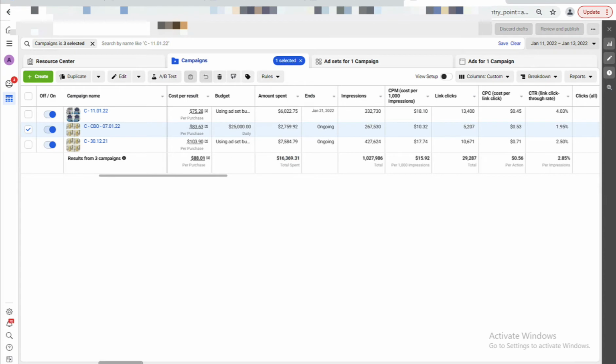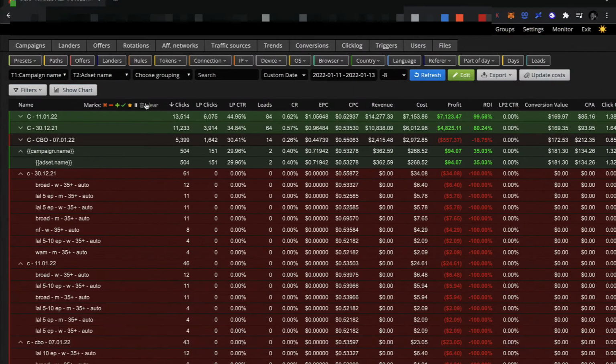What I'm going to do is jump to my tracker. This is the exact same campaign here. You can see the 3 different campaign names that we're running, the 11th to the 13th. I said 16,369, I believe, which is a little bit out, a couple of $100 difference, or $130, whatever it is, not a million miles away.